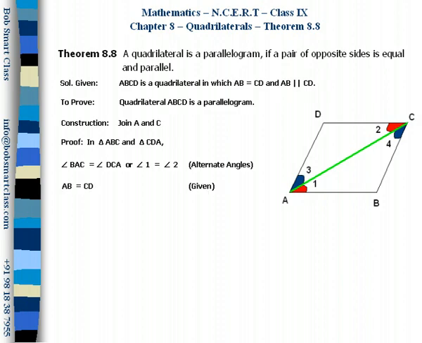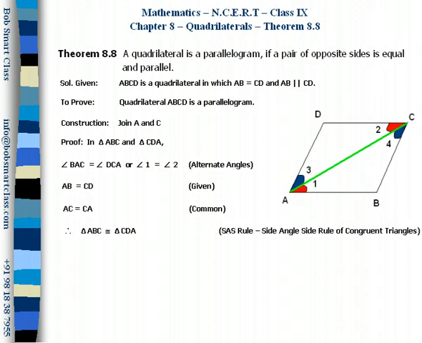Next, we have AB equals CD as given in this theorem. Further, we have a common side AC. Therefore, AC equals CA in these two triangles. Hence, by the SAS rule, that is the side angle side rule, these two triangles are congruent. Therefore, triangle ABC is congruent to triangle CDA.